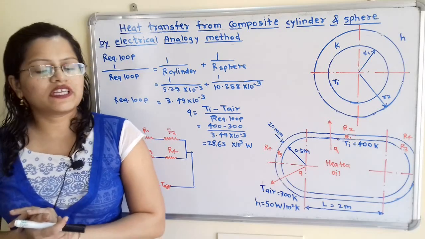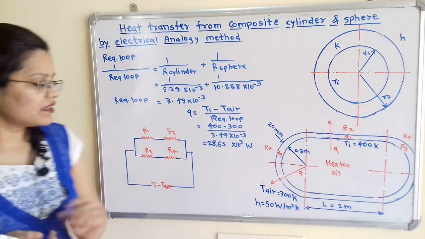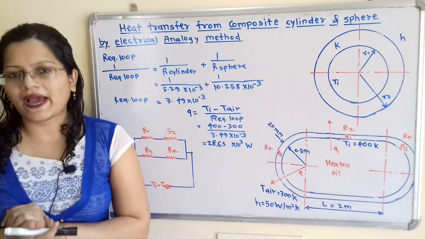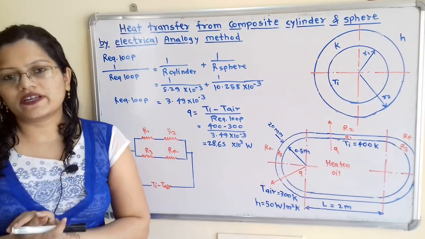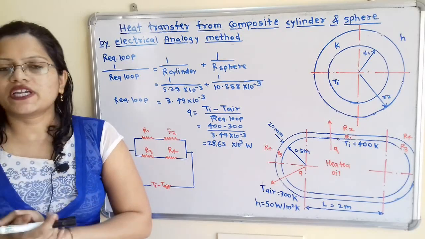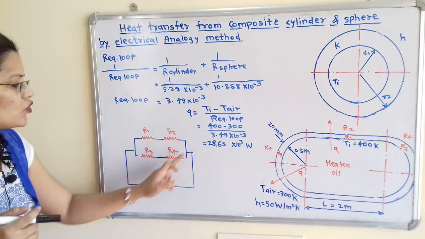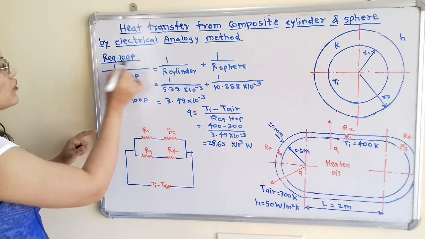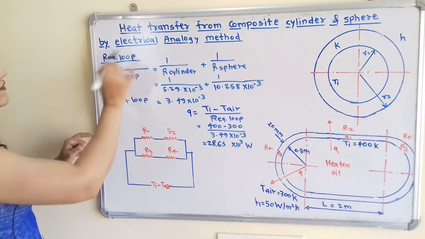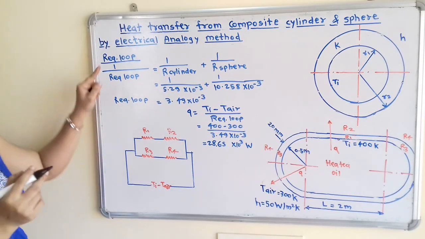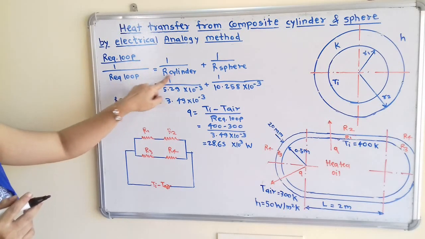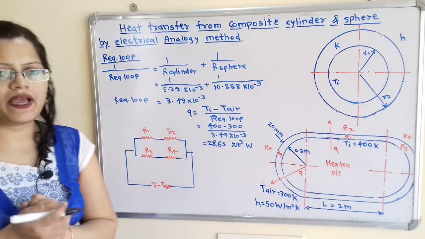If we observe the electrical analogous circuit, then R cylinder and R sphere are both in parallel. So how do we calculate the equivalent resistance for this total loop? We have the formula: 1 divided by R equivalent loop is equal to 1 divided by R cylinder plus 1 divided by R sphere.